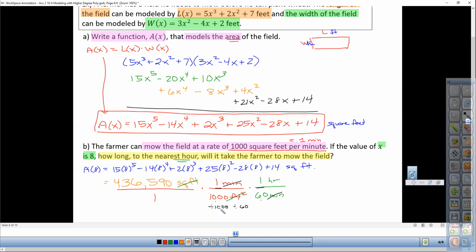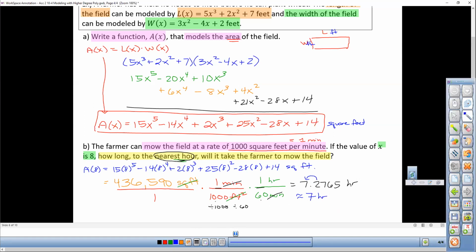Now I get 7.2765 hours. And nearest hour, remember, that wording means whole number, which is our ones place. So this is going to tell us that this is about 7 hours.